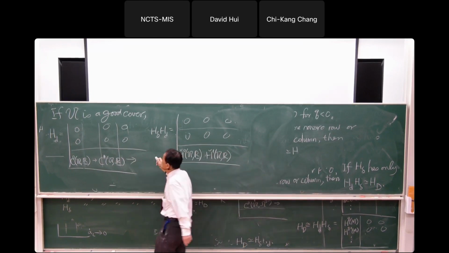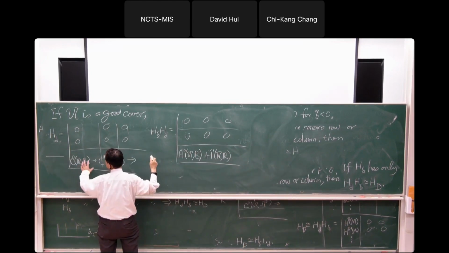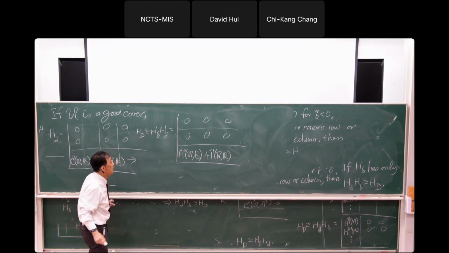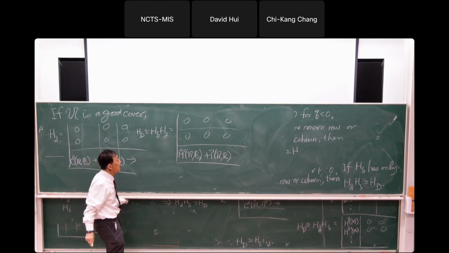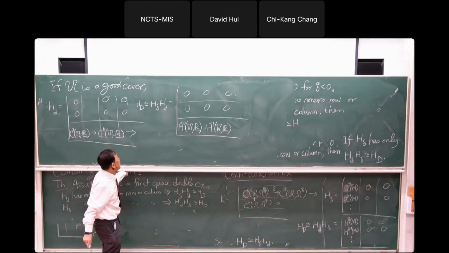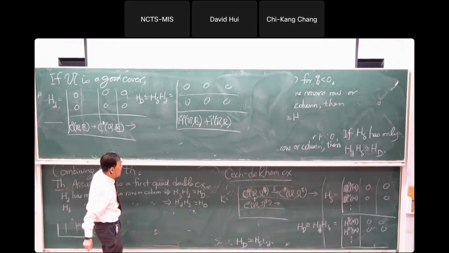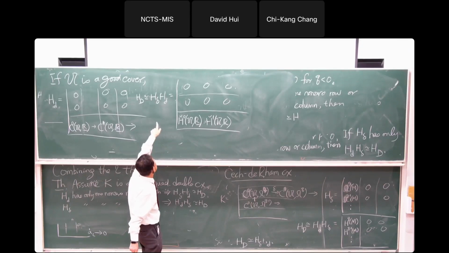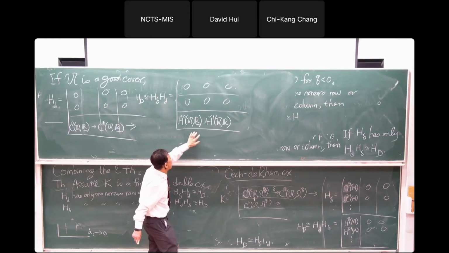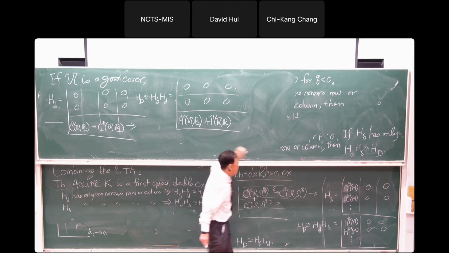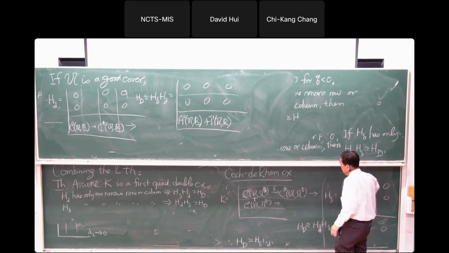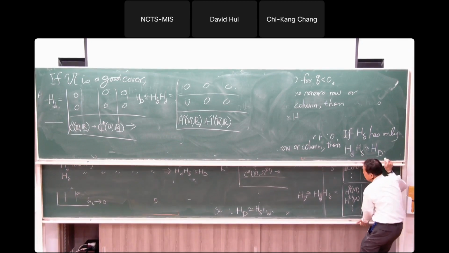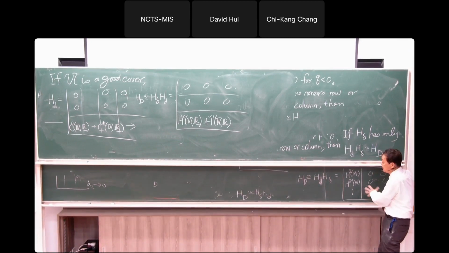Because HD has only one non-zero row, this is isomorphic to H big D. So you see that the cohomology of the Čech-de Rham complex can be computed as H delta HD, where you get Čech cohomology, or as HD H delta, in which case you get de Rham cohomology.